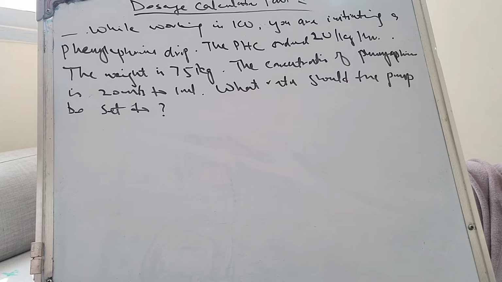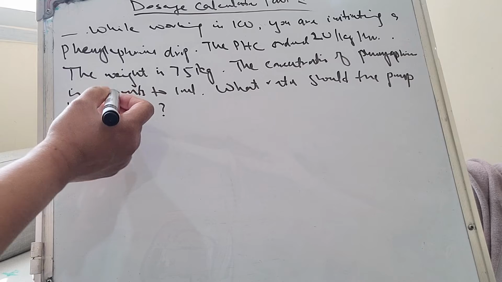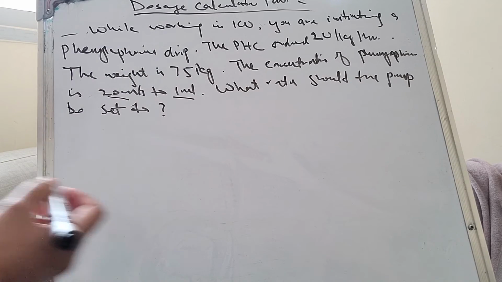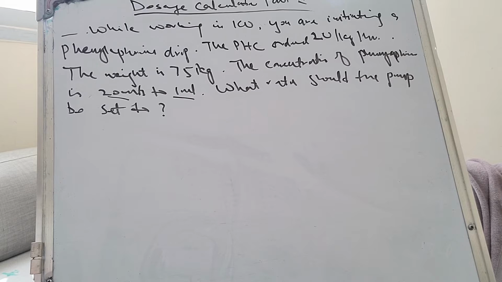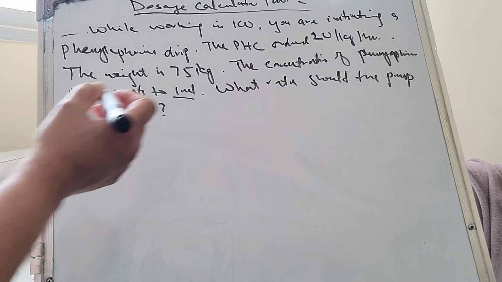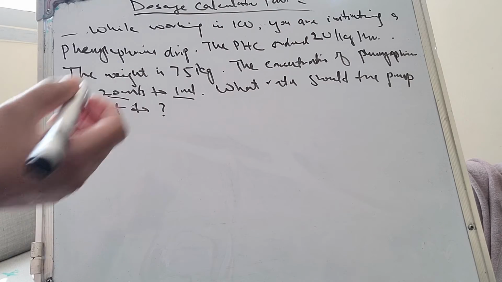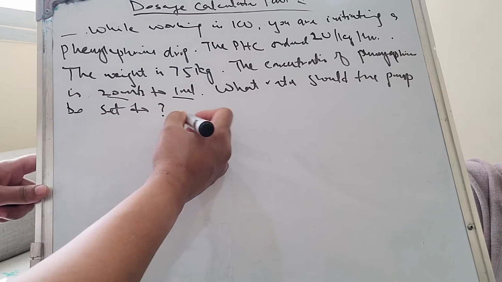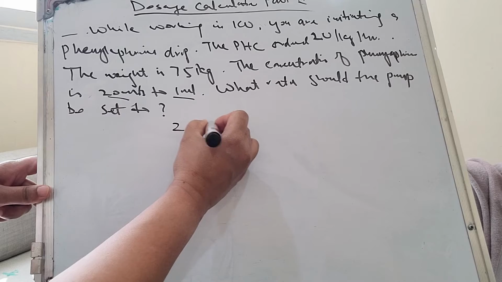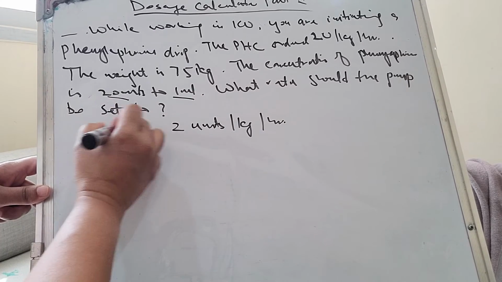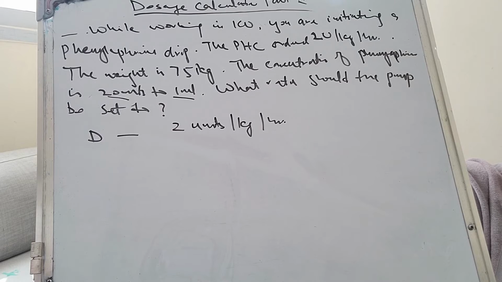The weight is 75 kg. The concentration of phenylephrine is 20 units to 1 ml. What rate should the pump be set to? So what is our desired dose? Our desired dose is 2 units per kg per hour.